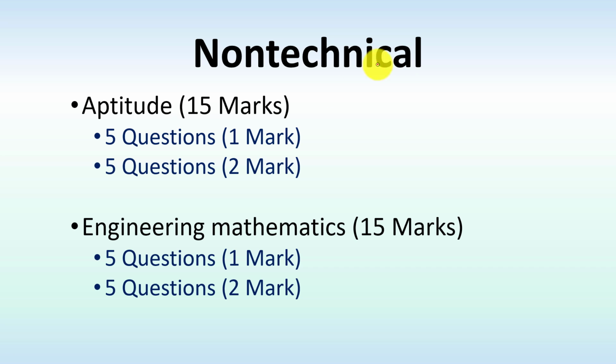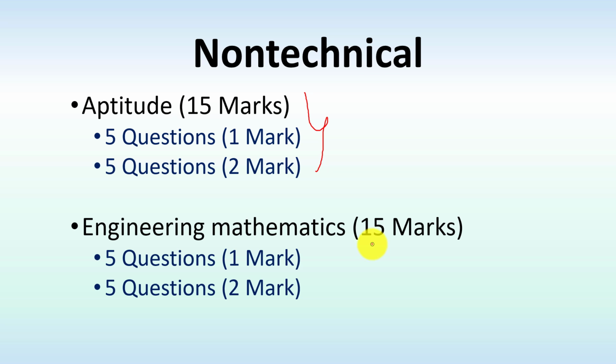Okay? Now in the non-technical part, aptitude carries 15 marks and there are 10 questions of aptitude. 5 questions carry 1 mark and 5 questions carry 2 marks. So total marks will be 15. In the aptitude section, there are also verbal questions of 3 to 4 marks.